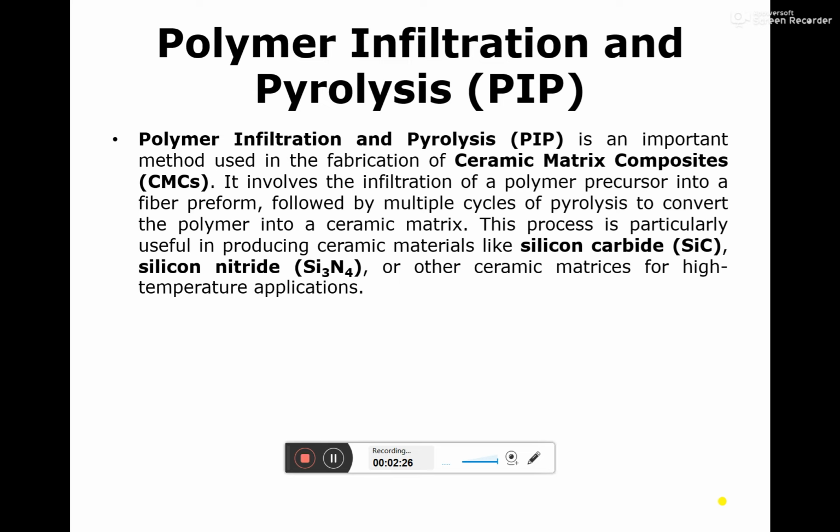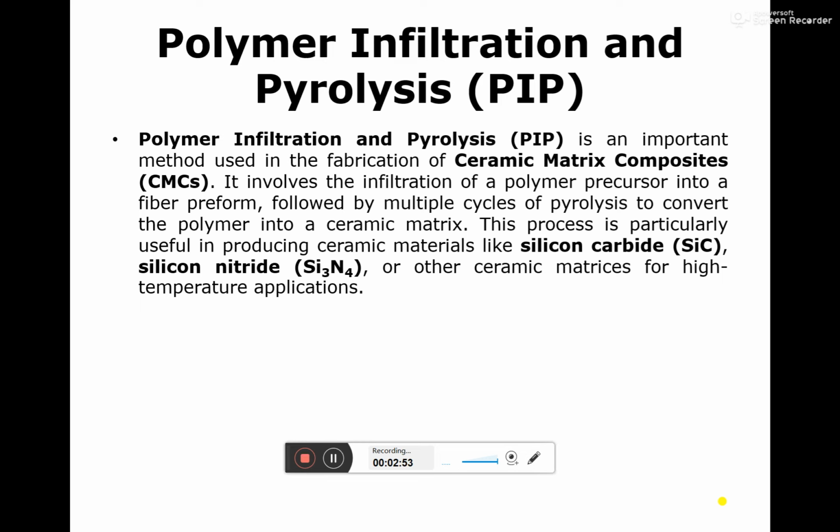We are going to infiltrate polymer precursors into the fiber preform. We already have some material produced, and over that we add the matrix. So over whatever fiber preform we produce, we add the polymer precursors.